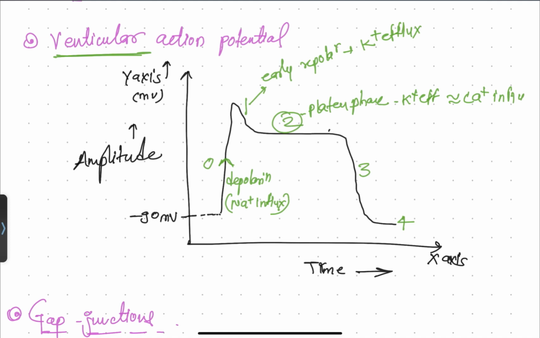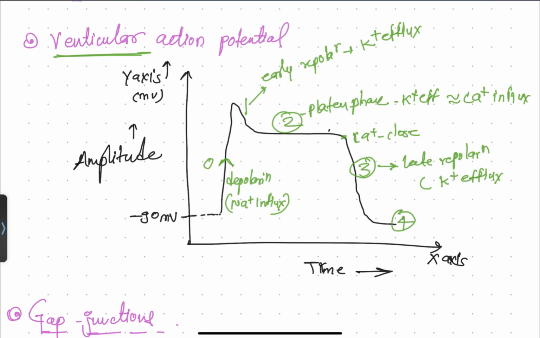Okay, that's why this is the plateau phase. But at the end of this plateau phase, the calcium channels get closed, and the actual third phase, which is the late repolarization phase, will start, and this is completely due to the potassium efflux.